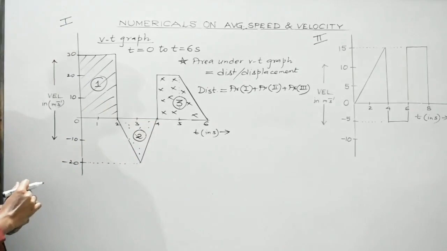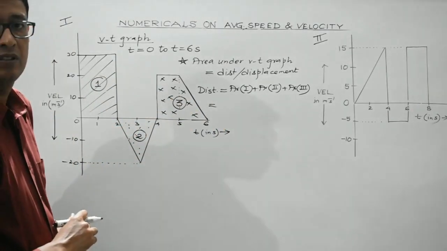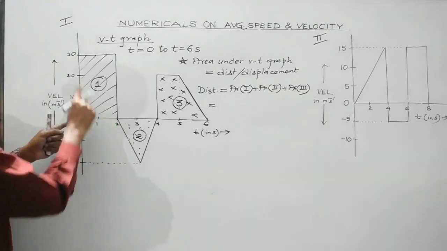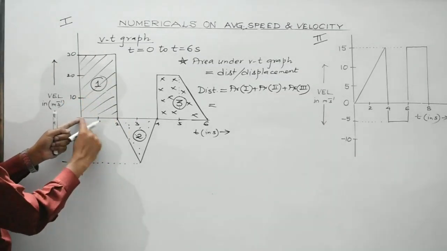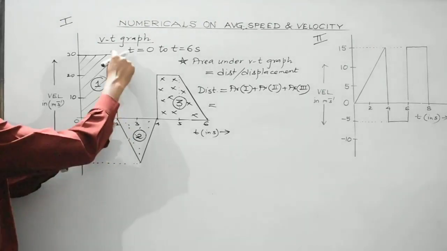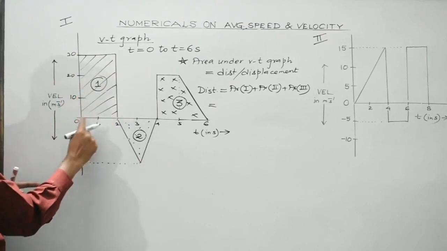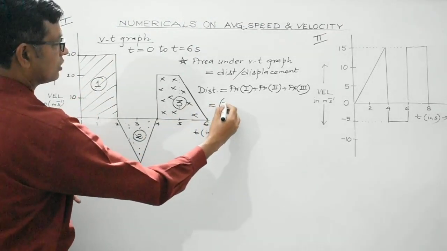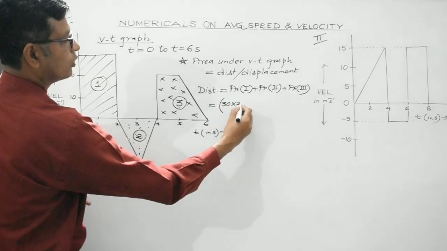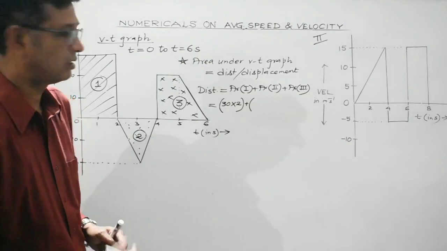So we need to find out the area of all these shaded parts. Right? In case of first portion, it's in the form of a rectangle. This having a dimension of 2 units and this having a dimension of 30 units. So length into breadth, 30 units multiplied by 2 units. The formula for the area of a rectangle is length into breadth.